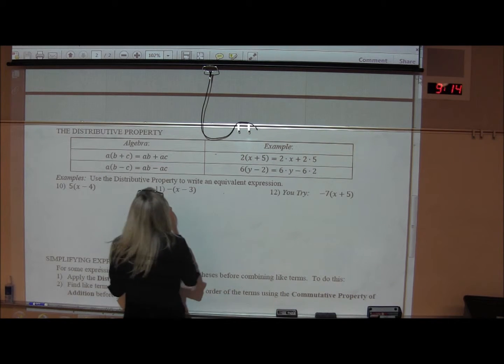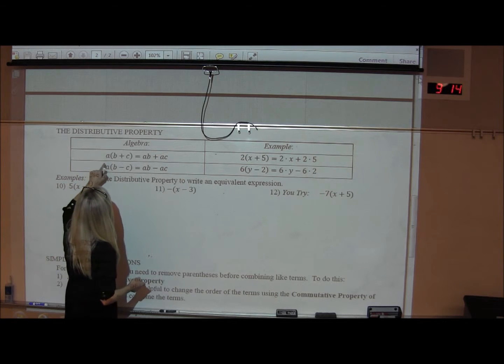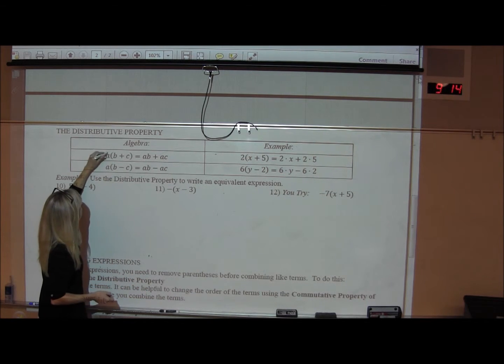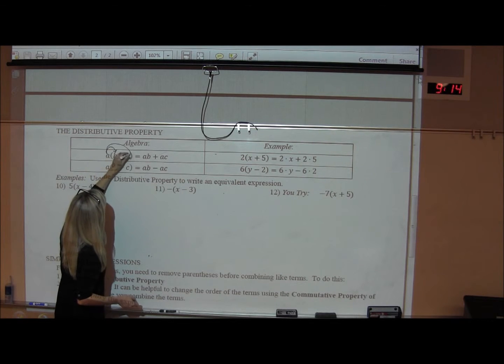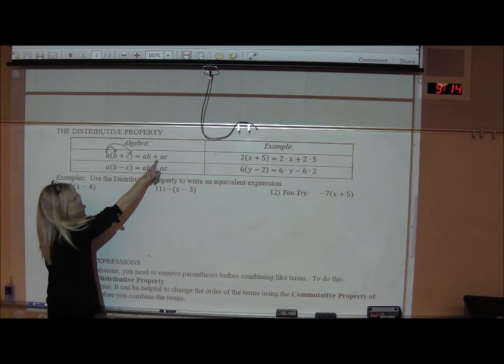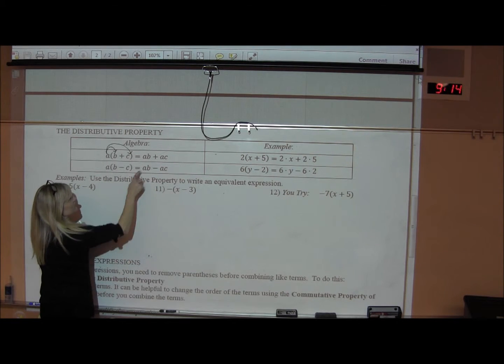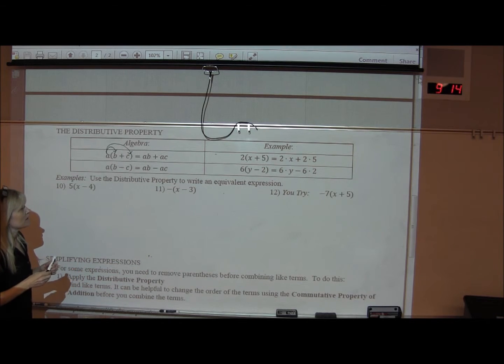So the distributive property, most of you should be familiar with the distributive property. If I have a times b plus c, I just multiply a times b and then a times c. If there's a plus sign in the middle, then there's a plus sign here. If there's a subtraction sign, then there's a subtraction sign there.